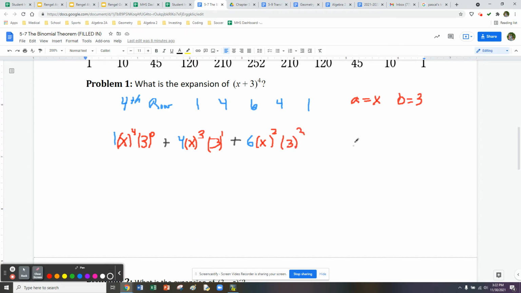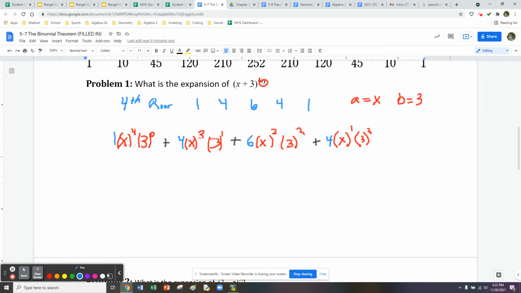And then next Pascal's number would be 4. And then our two a and our b, so our x would be raised to the 1st, and then our b would be raised to the 3rd. And just noticing as I'm going through the pattern, every time my exponents are adding back to 4. They should always add back to whatever power I'm raising to.